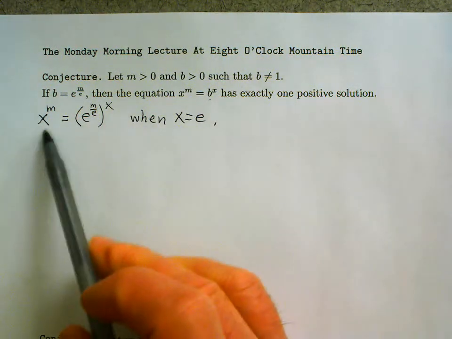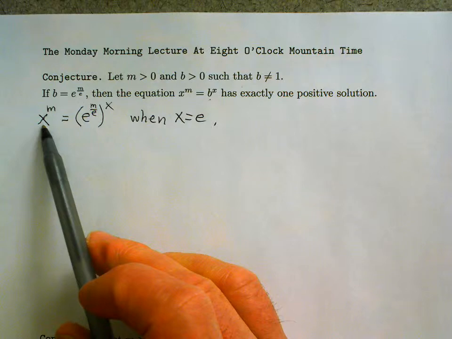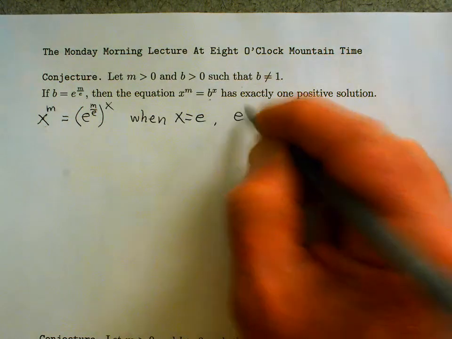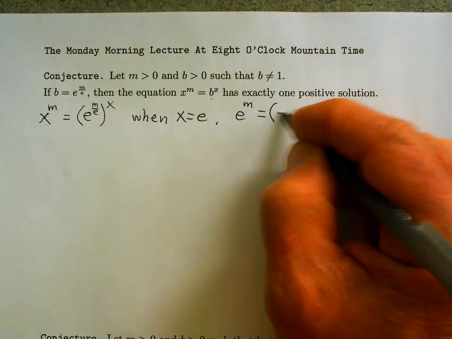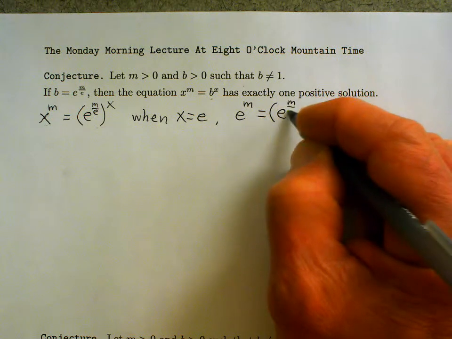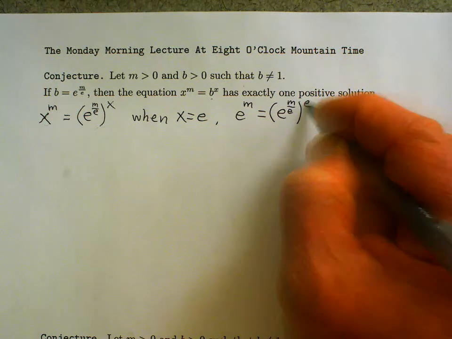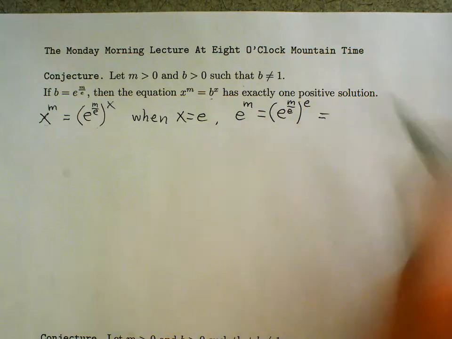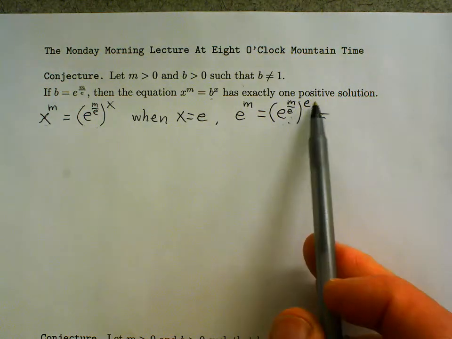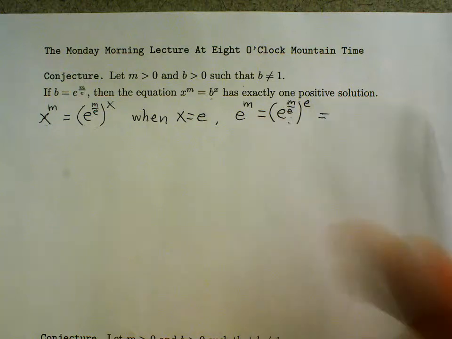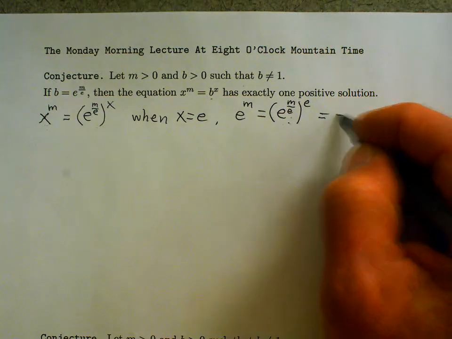Because if we substitute, replace x with e, we get e to the m on the left-hand side. And on the right-hand side, we get e to the m over e raised to the exponent e. But using properties of exponents, we multiply the exponents and we just get e to the m.